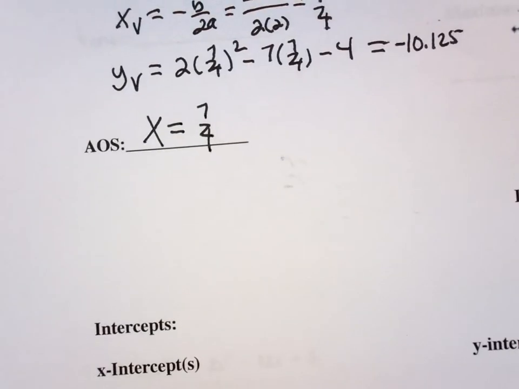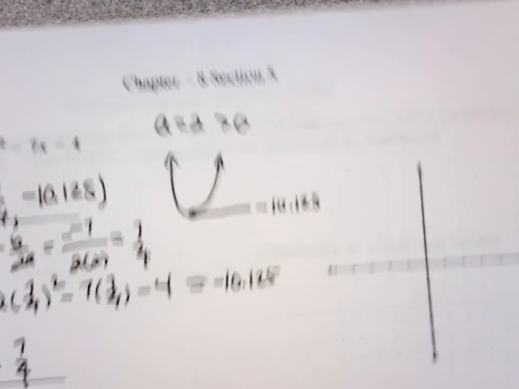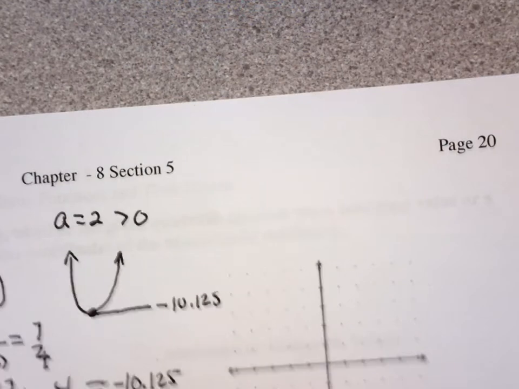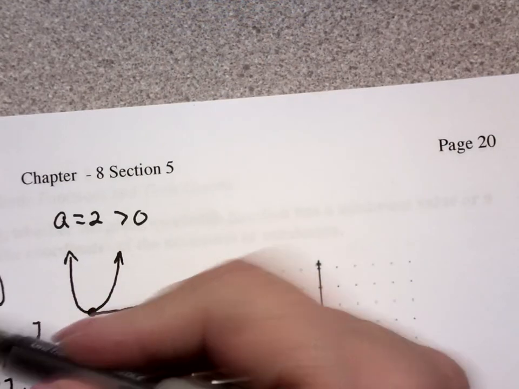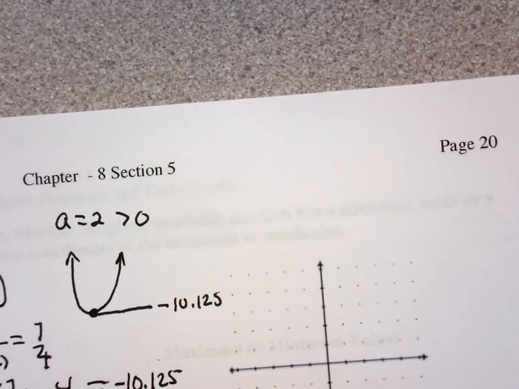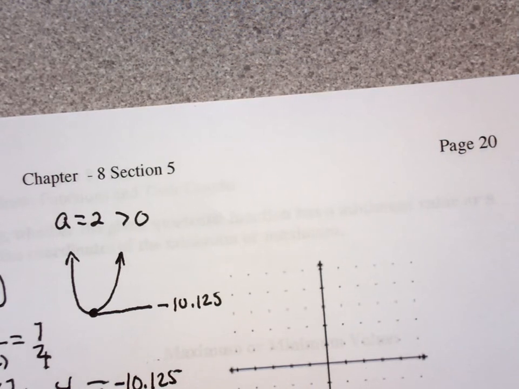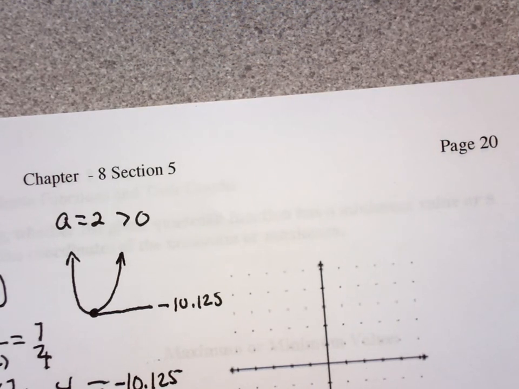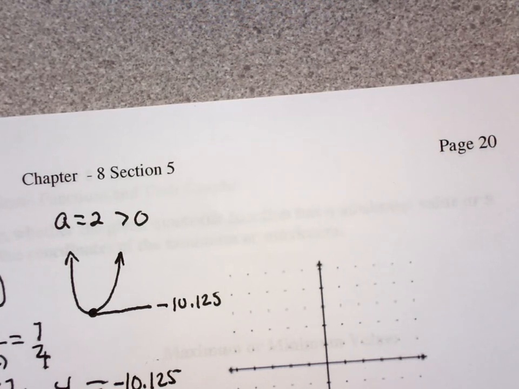And since it opens up, and by the way, it's going to have x-intercepts. And how do I know? I'm going to pull out a pencil, provided I can find one in all this batch of stuff I have. Oh, there's a pencil.